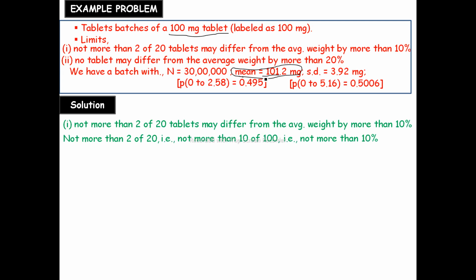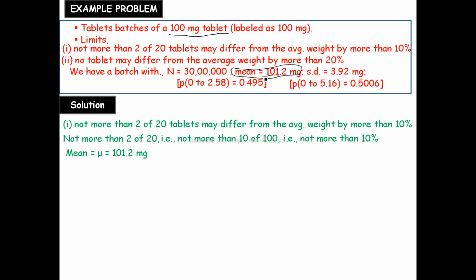So whatever number of tablets are being prepared, not more than 10% should differ by 10% of weight. 2 of 20 tablets also means 10%, isn't it? 2 divided by 20 gives 0.1, so 10%.